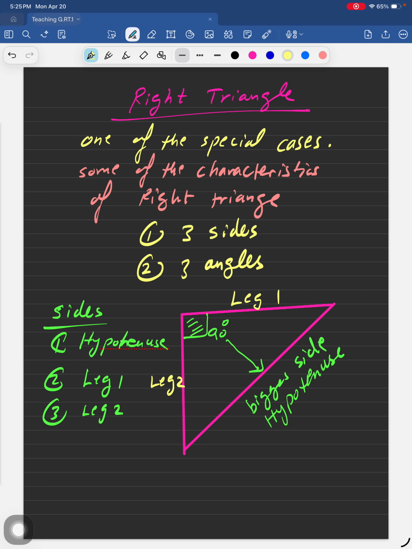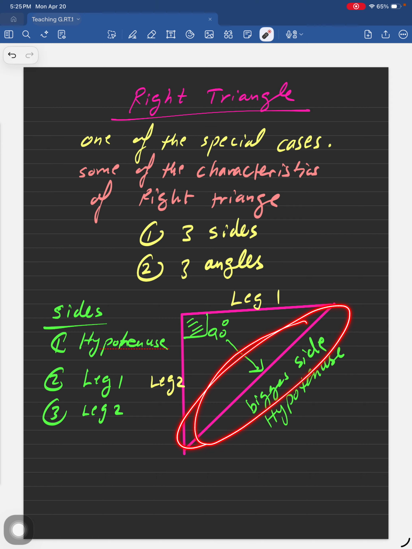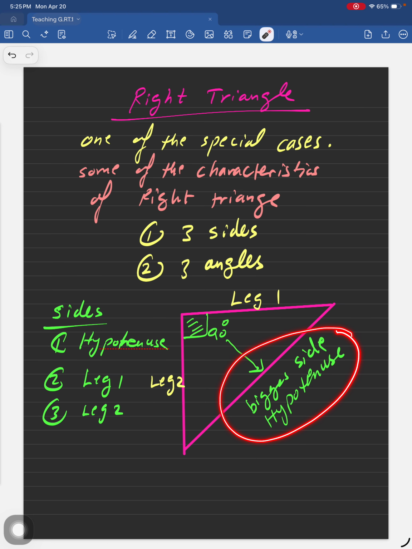So for the sides, now we have three sides. As you see, we have the hypotenuse, leg 1, and leg 2. The most important thing I want you to remember is that the hypotenuse, which is the biggest side, should be opposite to the right angle.